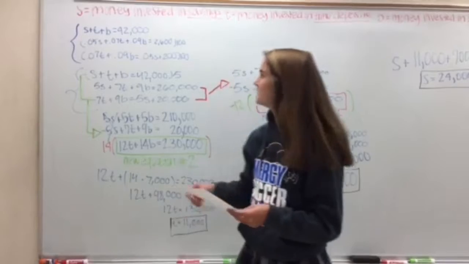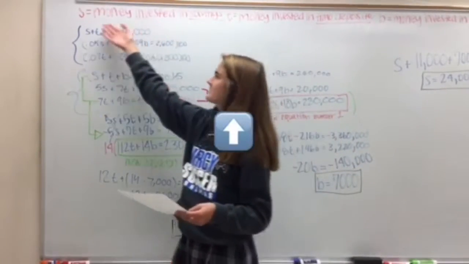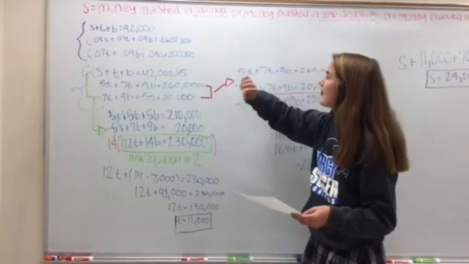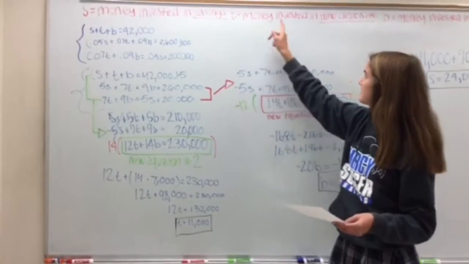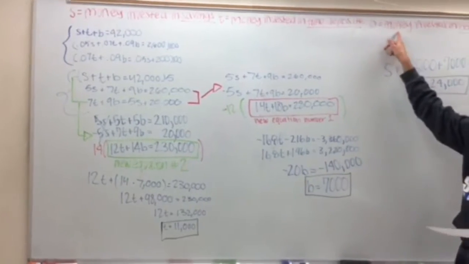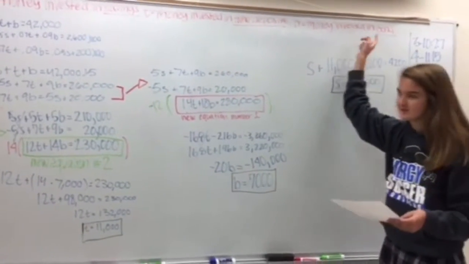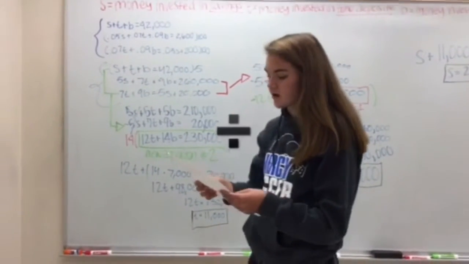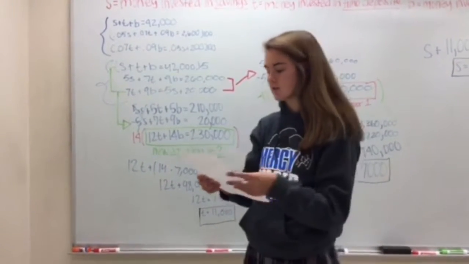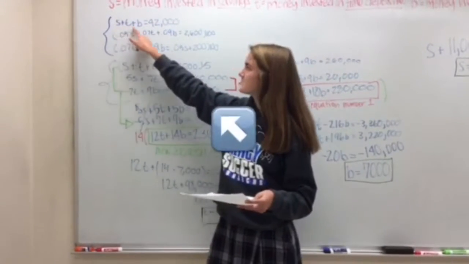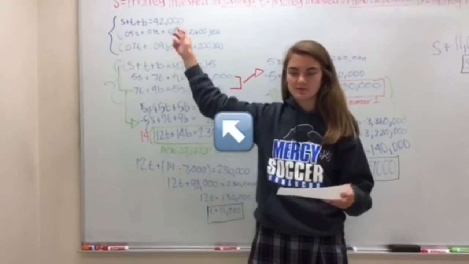Well, to start off, our variables: S stands for the money invested in the savings account, T is the money invested in the time deposit, and B is the money invested in the bond. Since she divided all of her $42,000 into 3 separate accounts, we do S plus T plus B equals 42,000.